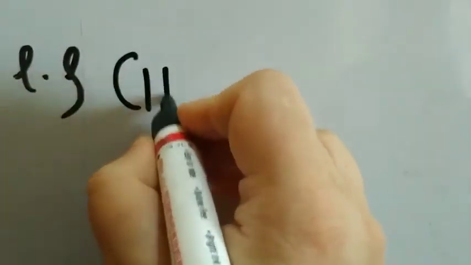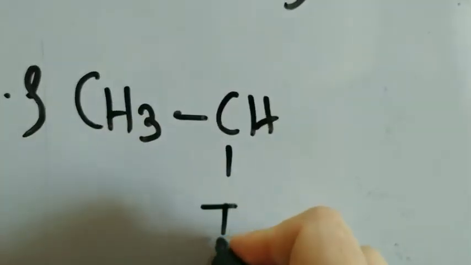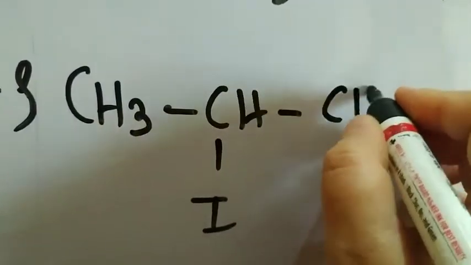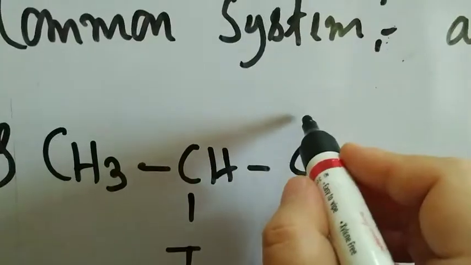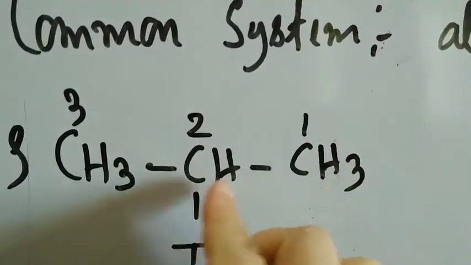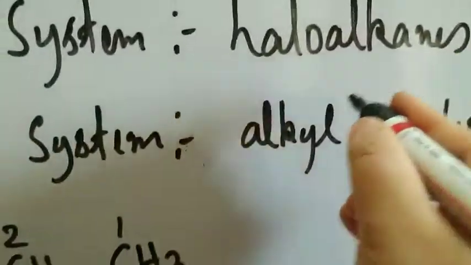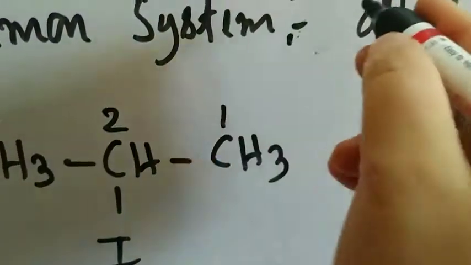If we have a compound like CH3, CHI, CH3, what would be the name? Very simple. We start numbering. We can start the numbering from whichever way: 1, 2, 3. In haloalkane you just have to add the position of the halo atom.